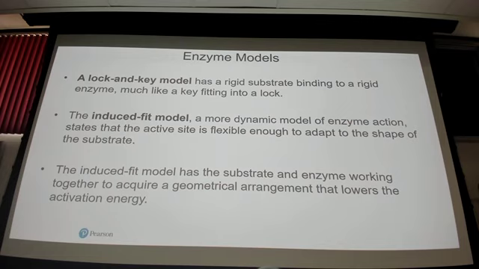Now, the common model that is preferred is the induced fit model, and in this model, both the substrate and enzyme are dynamic and flexible, and they work together to configure in such a manner that the activation energy is lowered. And so their configuration is the correct geometrical shape that will cause the reaction to occur in a faster and more efficient manner.